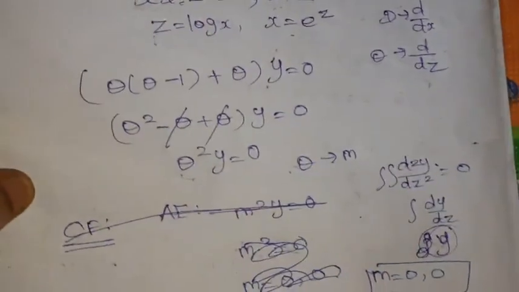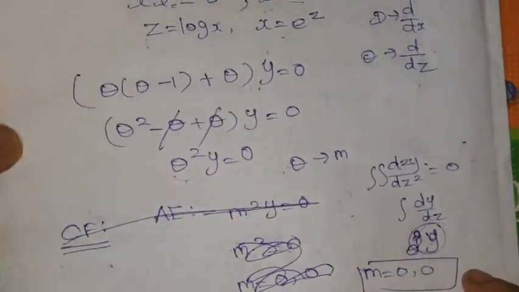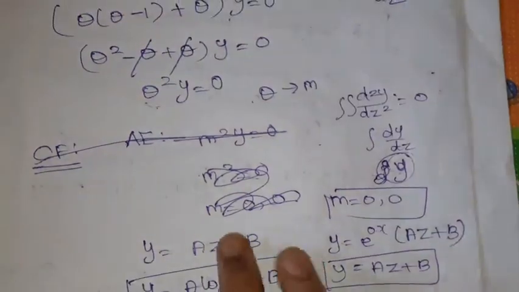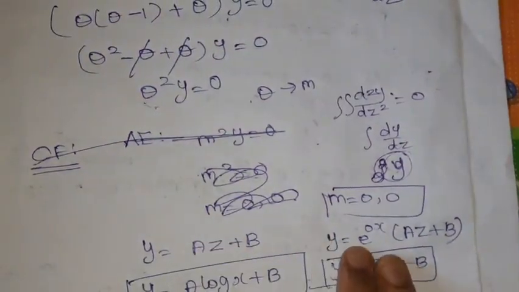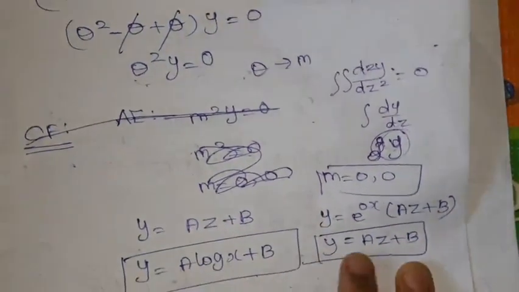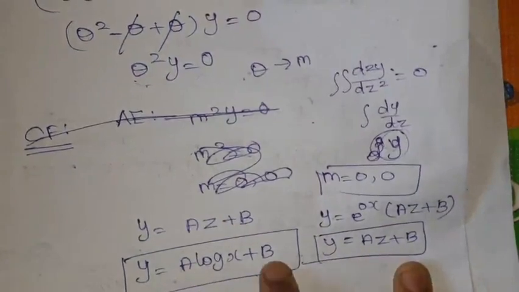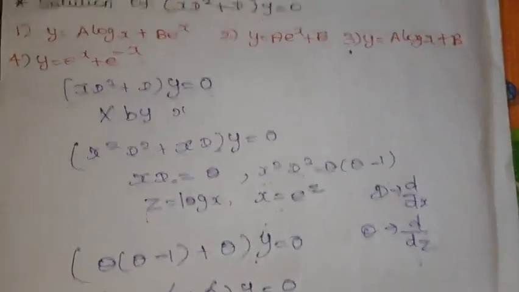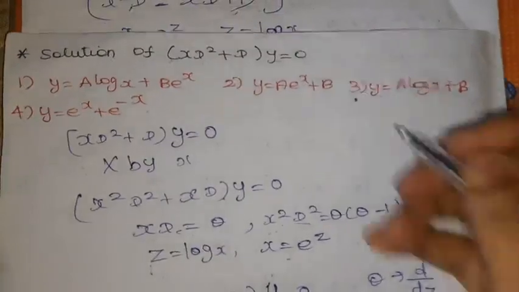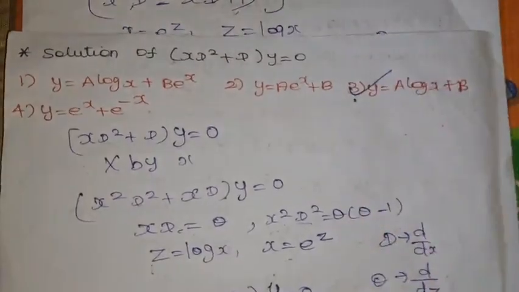So what is the solution? y equal to a log x plus b. Option 3 is the right option for this problem. Then move on to the next problem.